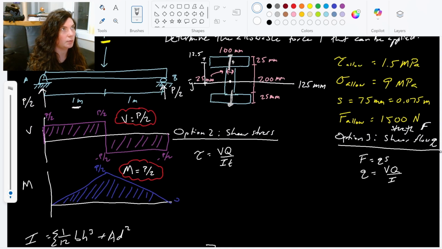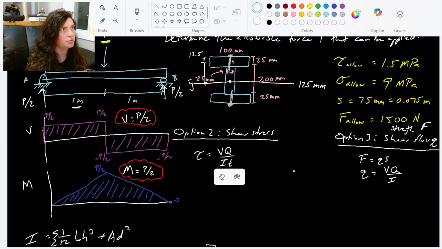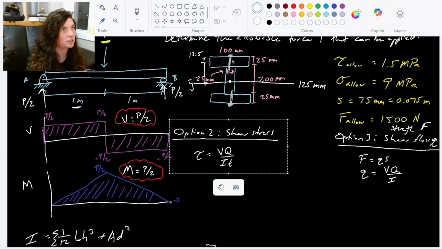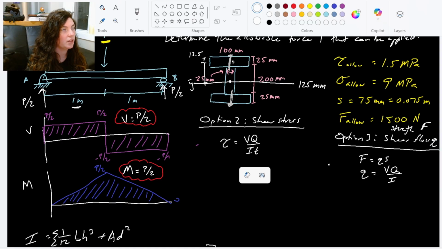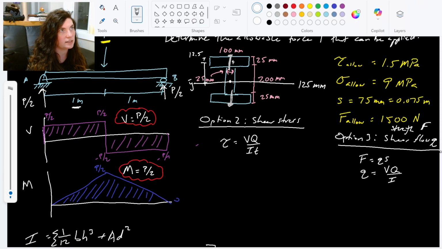Let's take a look at option 2, the shear stress option. So we have the allowable shear stress, 1.5 megapascals. We know V is P over 2. We just need that Q value, right? We know T. T for the maximum shear stress is, of course, at the neutral axis.